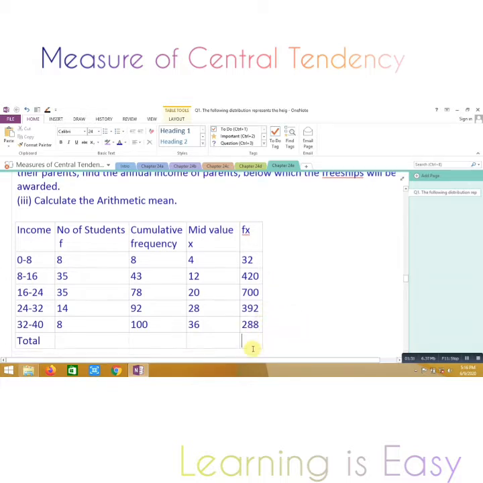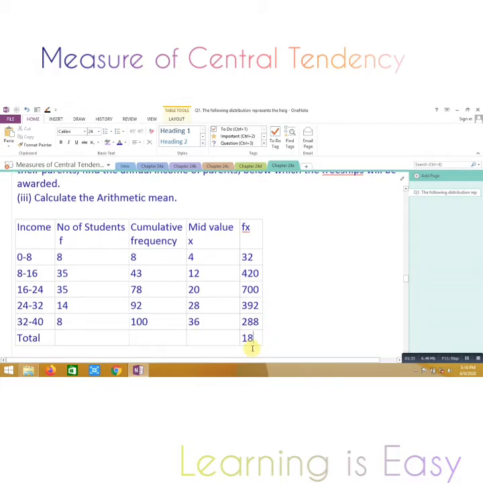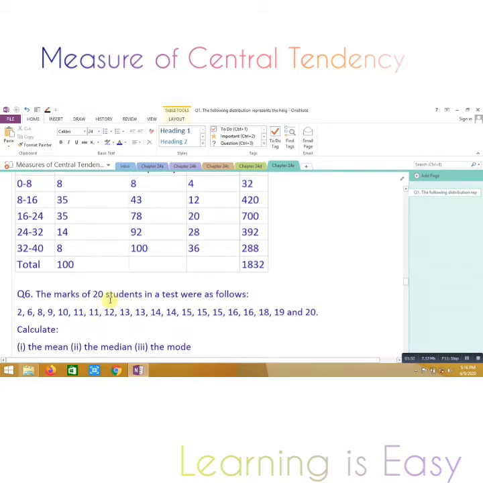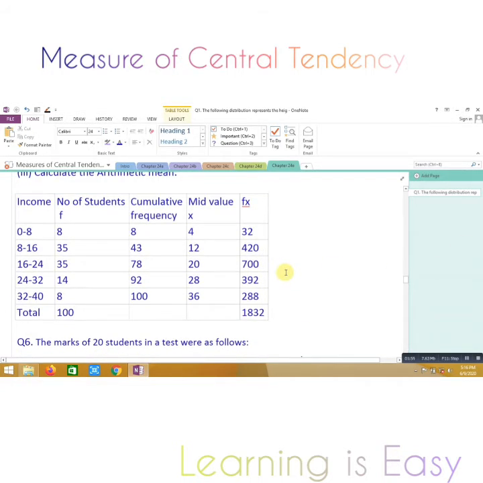We need to sum up these fx values to find the arithmetic mean. So 1832. And the number of students we already know, that's 100. Cumulative frequency is needed for the median value, and this fx is needed for the arithmetic mean calculation.